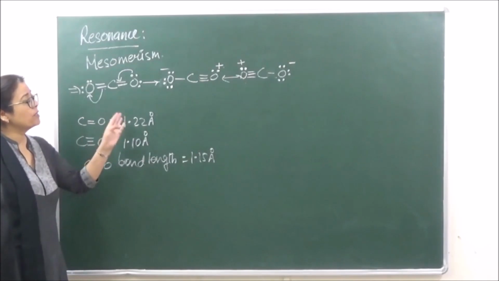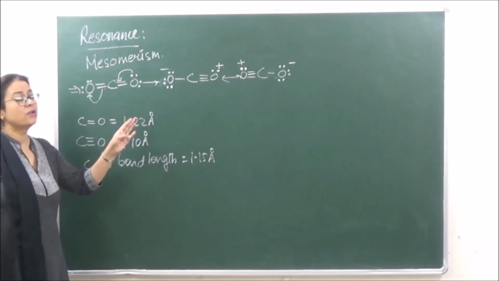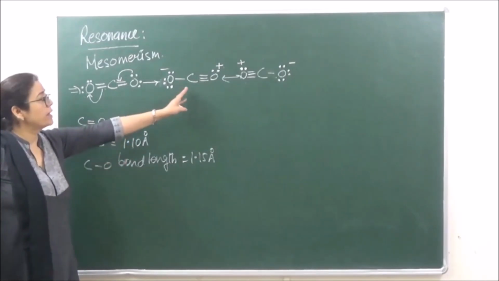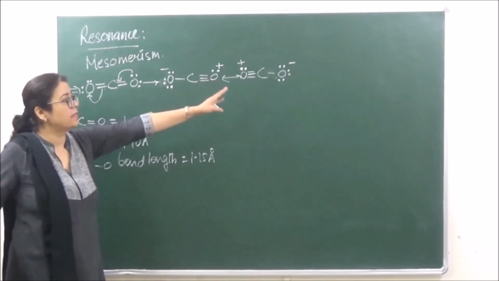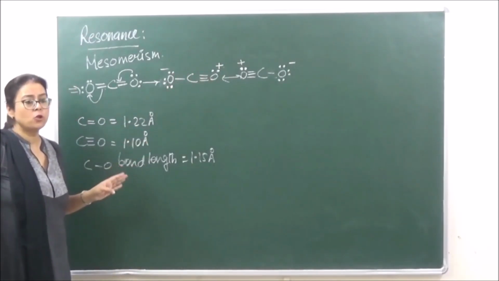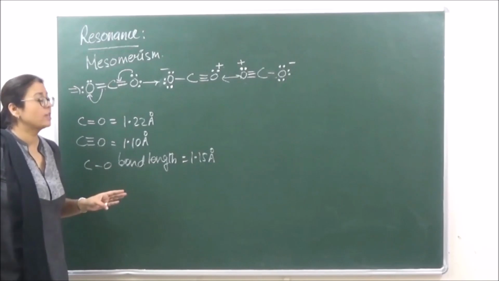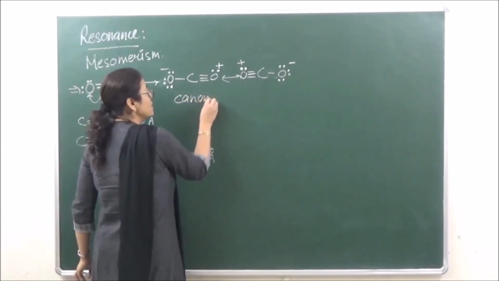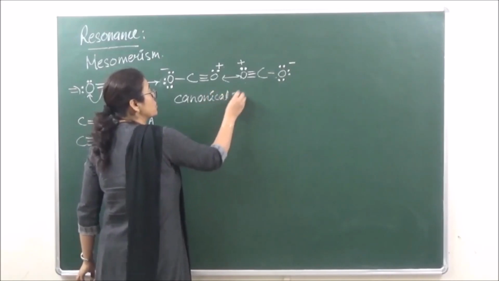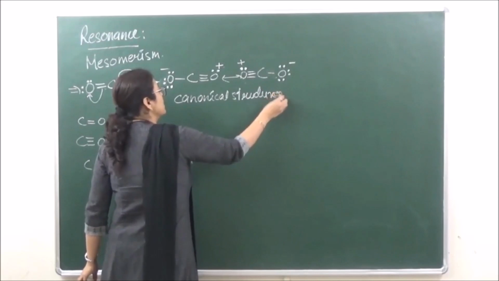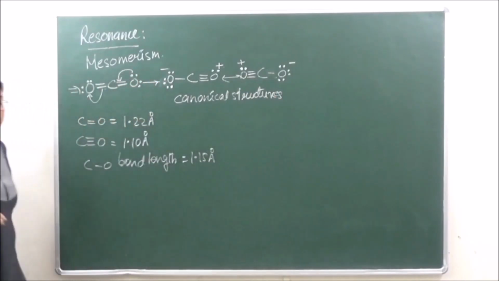These more than one structures are known as the resonating structures or the mesomeric forms. So when we are looking at carbon dioxide here and carbon dioxide here, both of these are going to be known as the mesomeric forms or the resonating structures, or another name which is given, that is canonical structures. Okay? So this is the property of resonance.